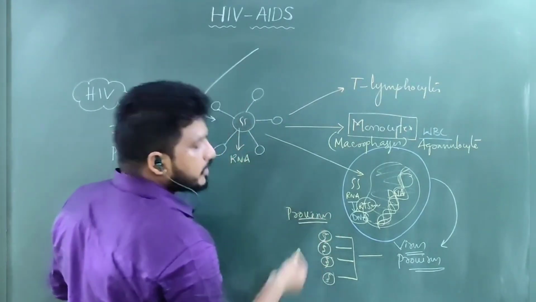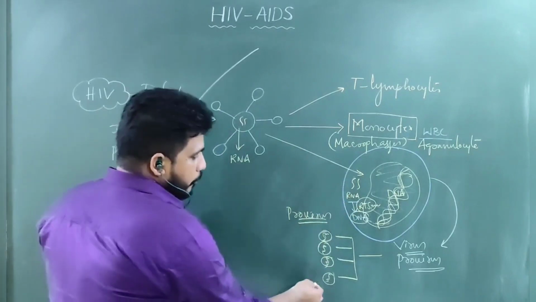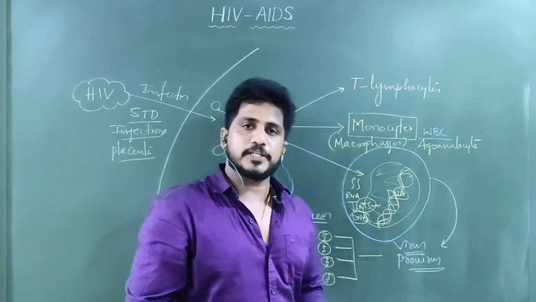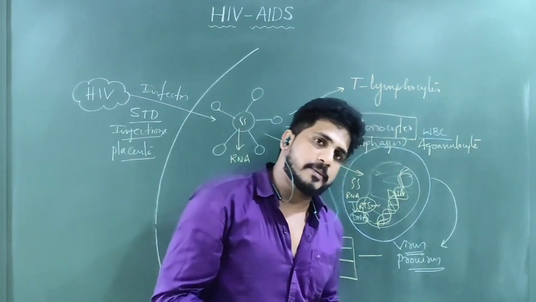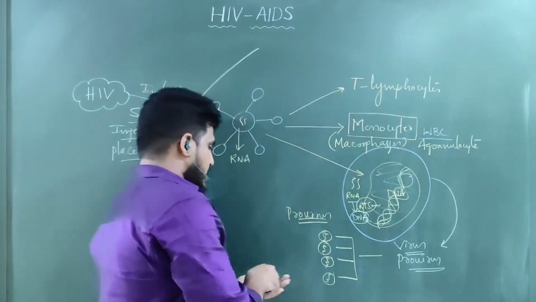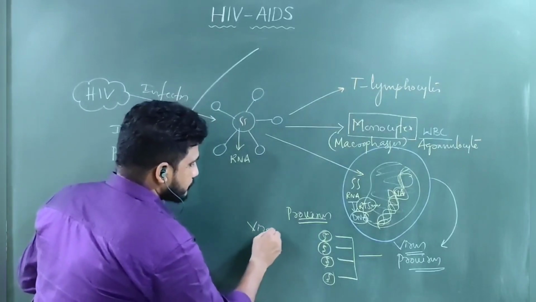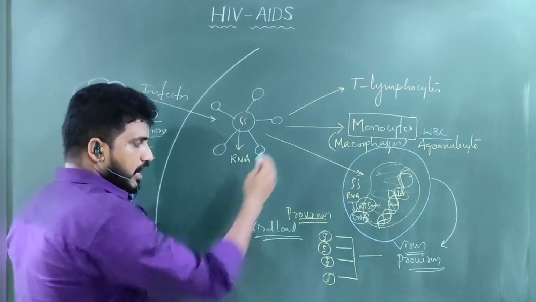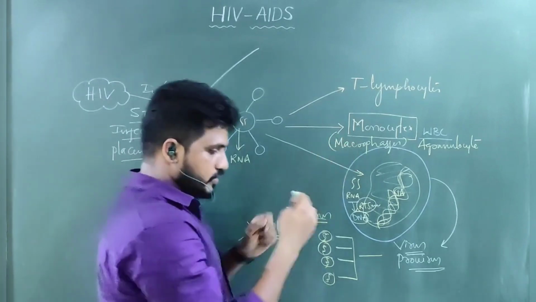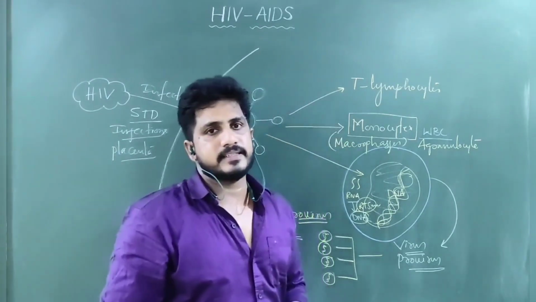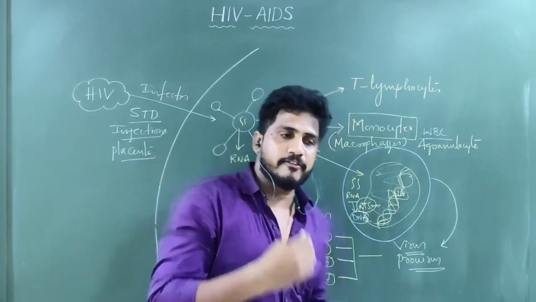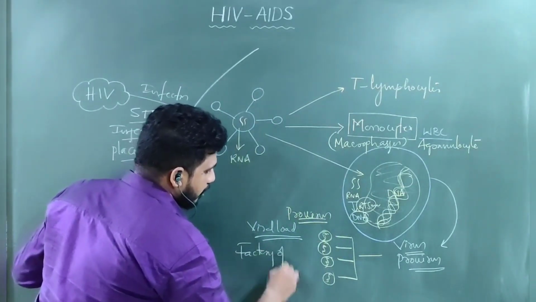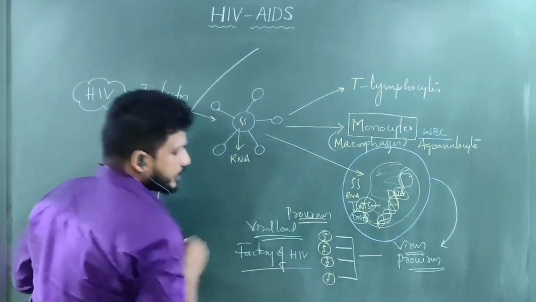Proviruses are coming from monocytes. These proviruses again affect the next fresh monocytes, and the monocytes become proviruses. As this viral load increases, the number of our primary defense system monocytes will decrease. Then our body becomes a viral factory. It will become a factory of HIV.